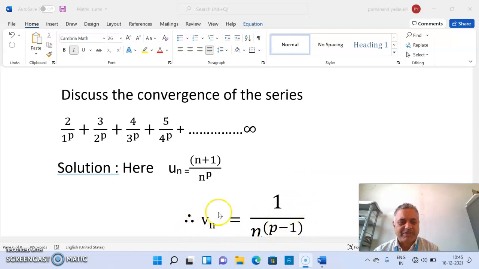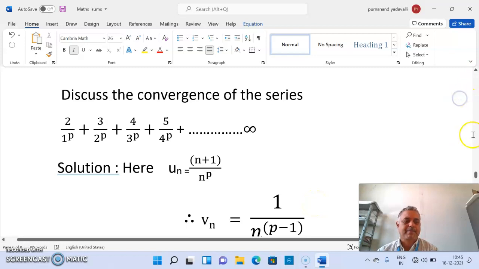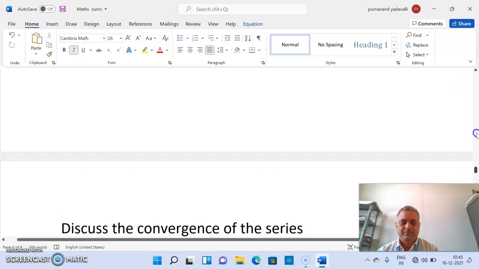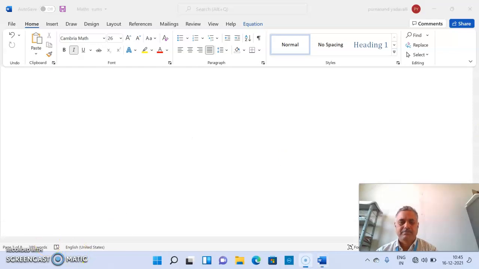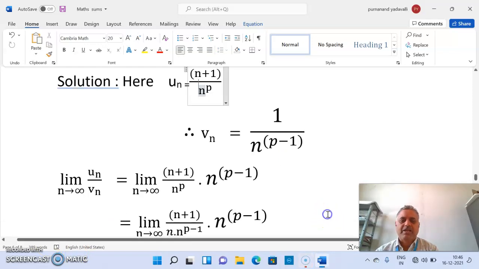So we choose Vn from un such that the highest powers of n in the numerator by the highest powers of n in the denominator. So Vn is equal to n by n power p, that is equal to 1 by n power p minus 1. Here we use the limit comparison test.